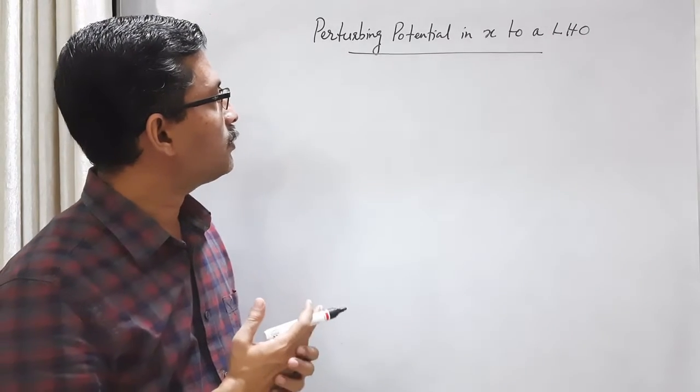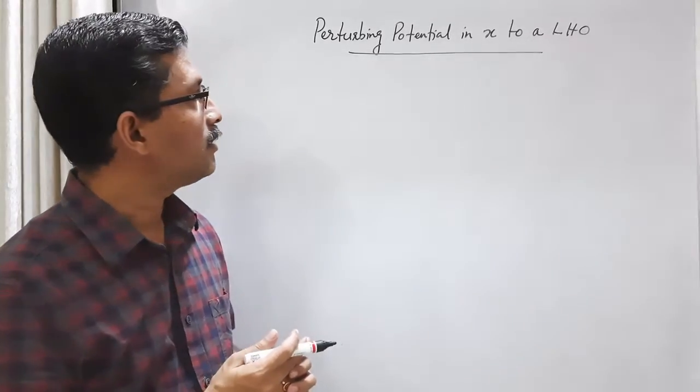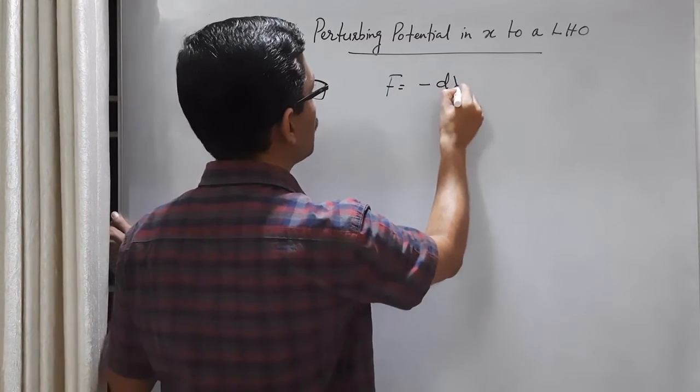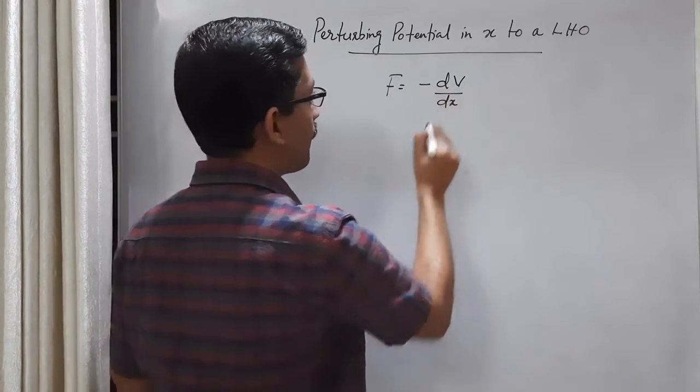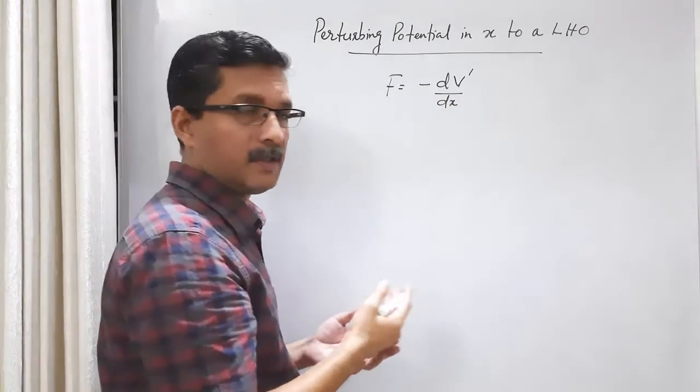Now when the perturbing potential is proportional to x, it means that we know force is negative gradient of potential, right? So let us say V prime is the perturbing potential.